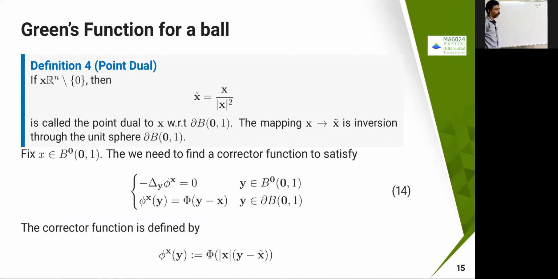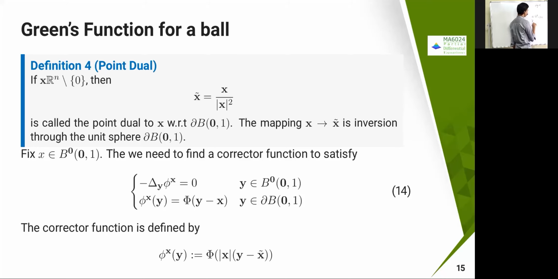So here, suppose x belongs to R^n minus 0, so x is not equal to 0. In that case, I can define x delta. In the half space case, we defined x delta as x1, x2, up to x(n-1), and minus xn.